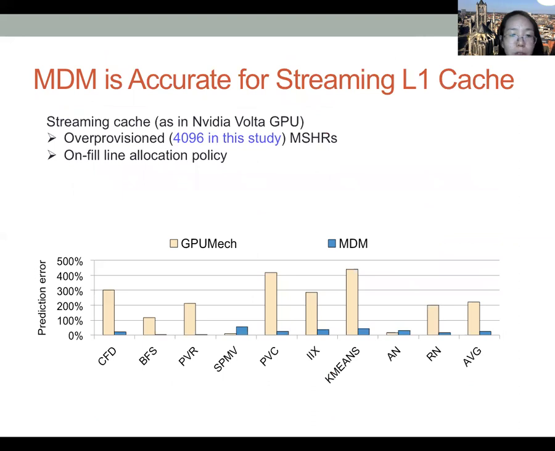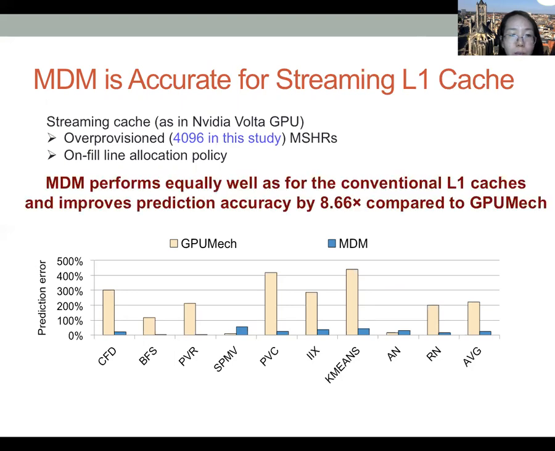The streaming cache, as proposed in the NVIDIA Volta GPU, is interesting because it adds a large number of MSHRs to each L1 cache, for instance 4,096 MSHRs in this case study, and adopts an on-fill line allocation policy. We find that MDM performs equally well for the streaming L1 cache.